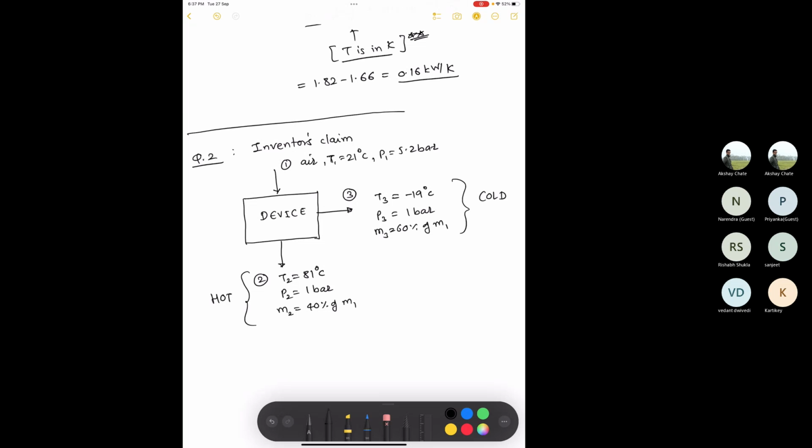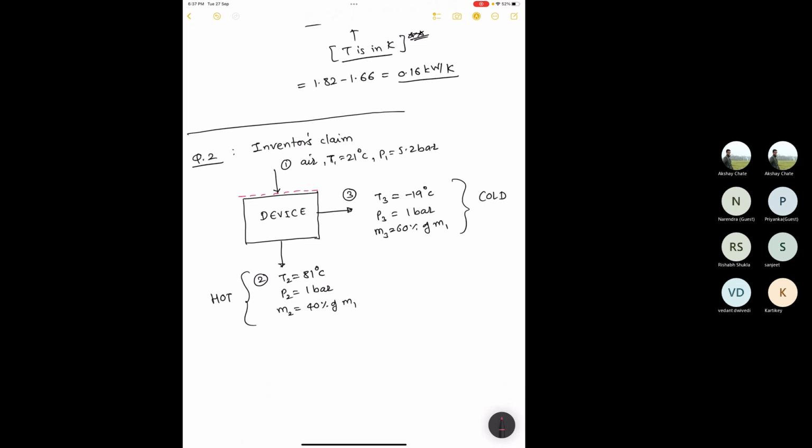So first, we have to verify whether this device is feasible or not. To do that, first we define the control volume. Generally, you take the whole device, and if there are some inlet and outlet pipes, you consider them in the control volume so that there is no complication.